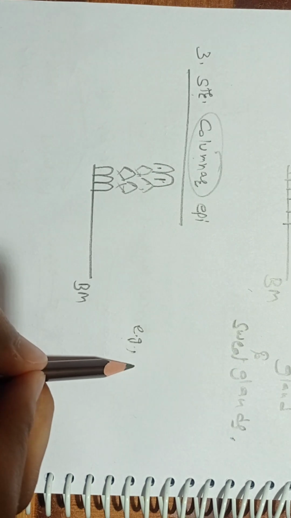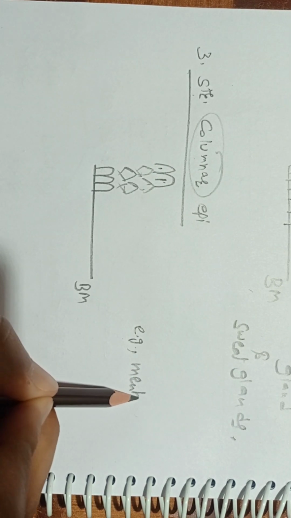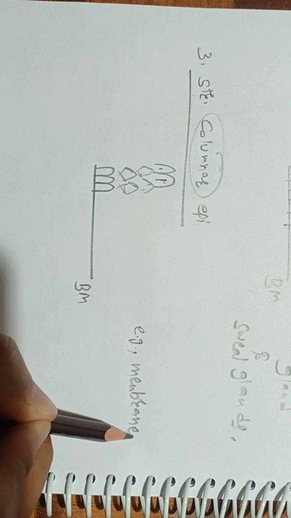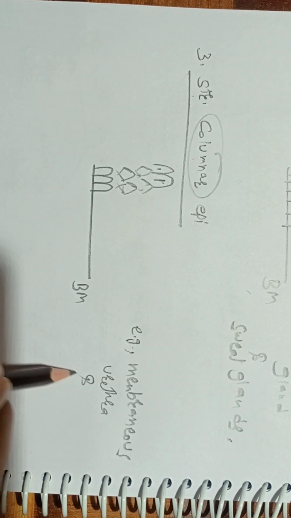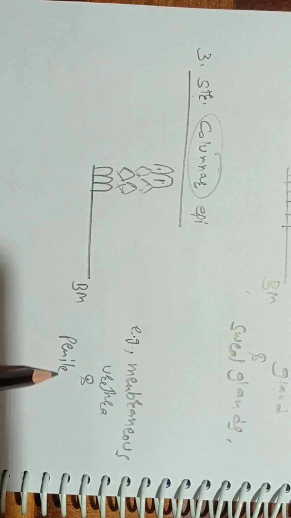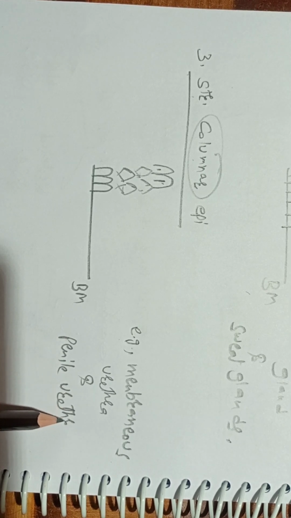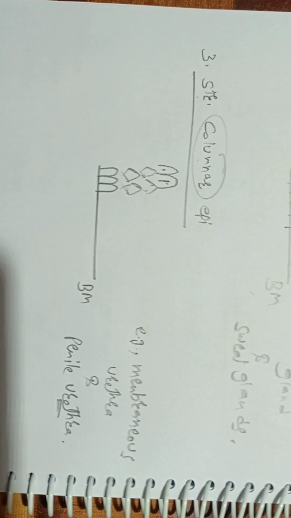It is seen in the membranous urethra and the penile urethra. So this is the third type of compound epithelium. Stratified epithelium and compound epithelium are one and the same thing.